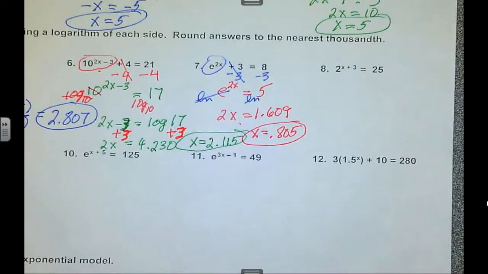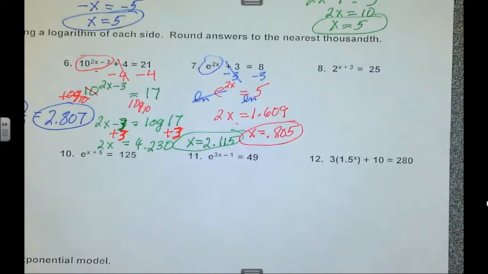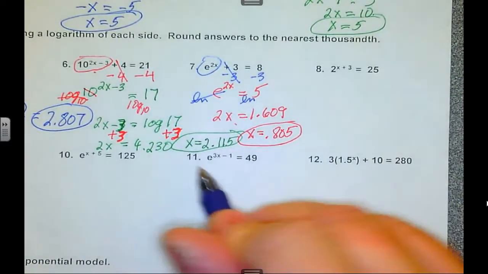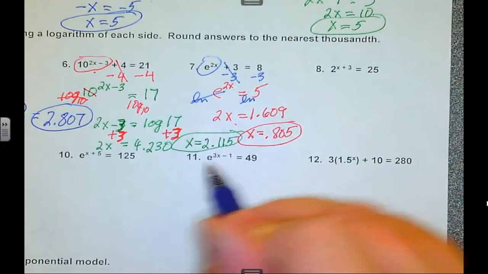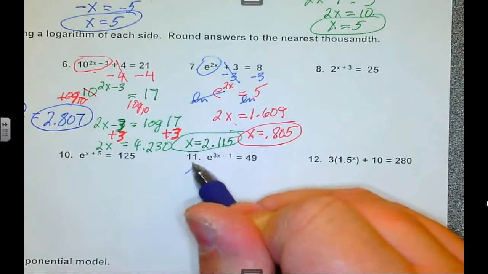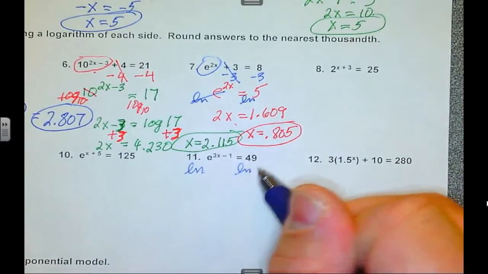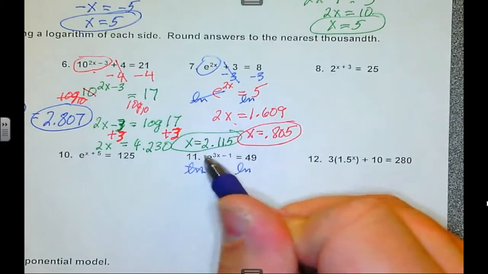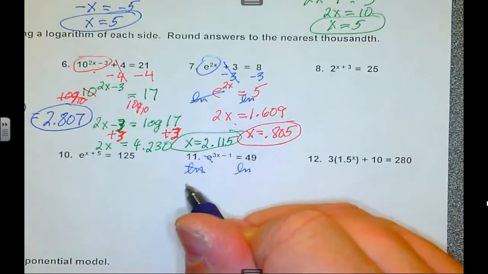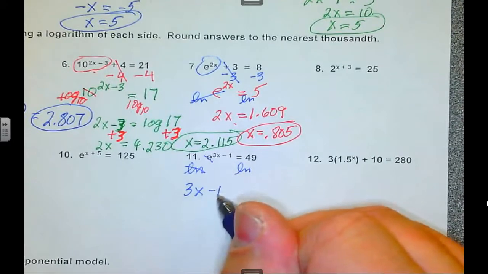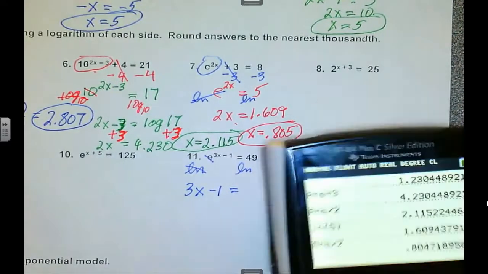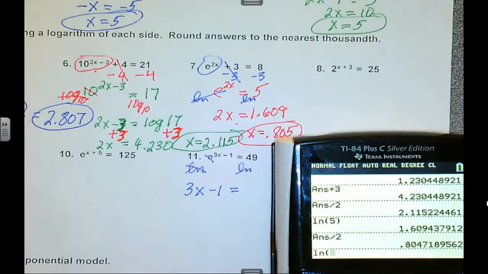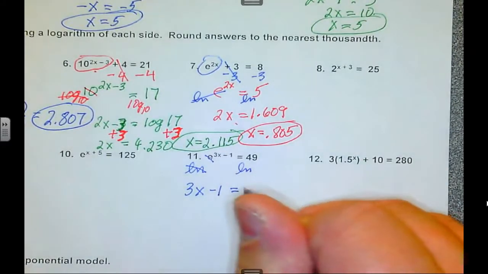5. Let's do a little harder one. How about number 11? I have base e. The term is by itself, so I'm just going to take the ln of both sides. ln cancels out base e, so I get 3x minus 1 equals the ln of 49. 3.892.